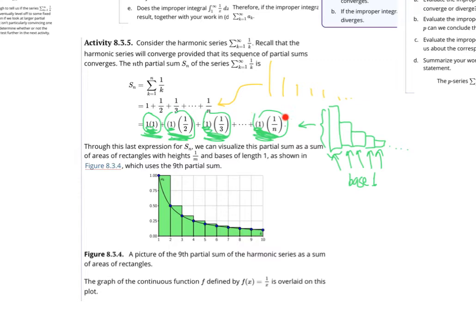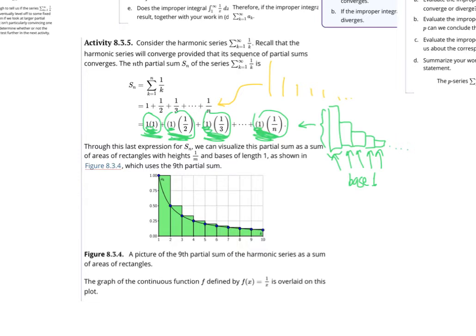If we were to add all these numbers together, we would get the sum of these areas. I know we don't go up to n, we don't know what n is. This is just a picture of however many we can fit here.